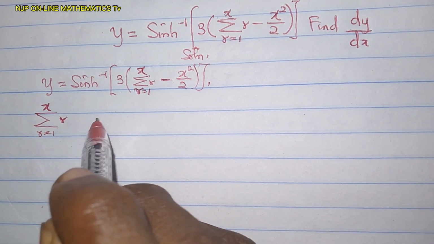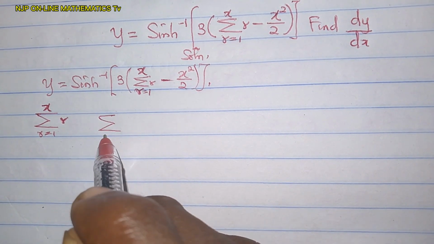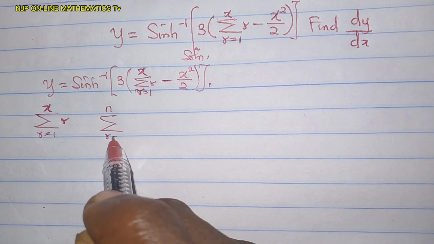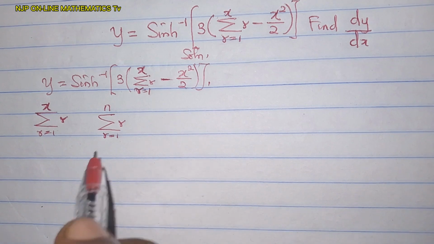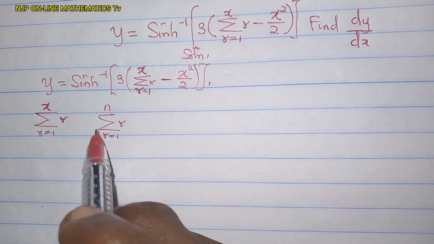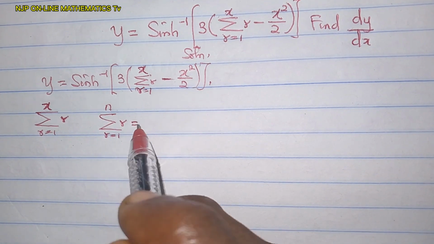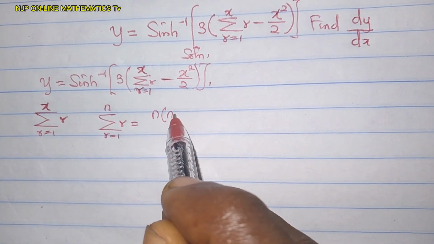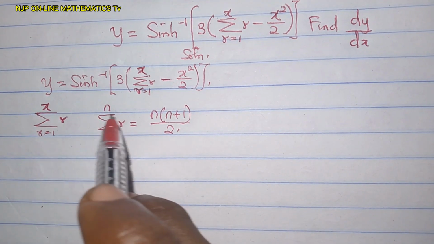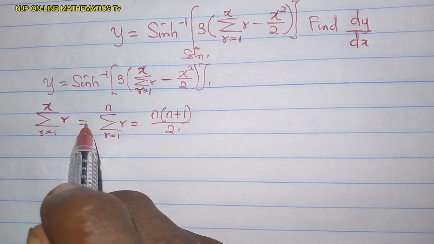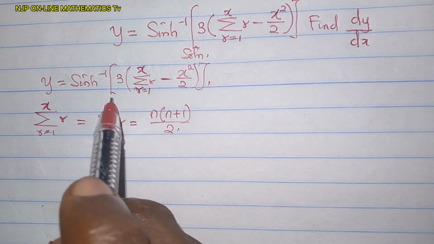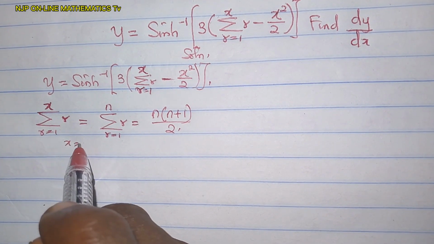If we consider the sum of n terms of r, when r ranges from r equals 1 to r equals n, this can also be written as n multiplying n plus 1 all divided by 2. Therefore, if we say that these two problems are the same, we can clearly see that the difference here is x and n. Therefore, x equals n.